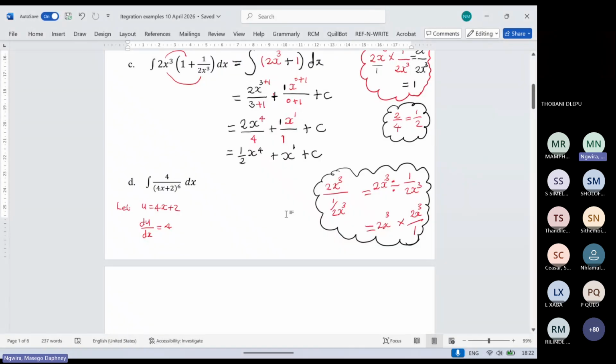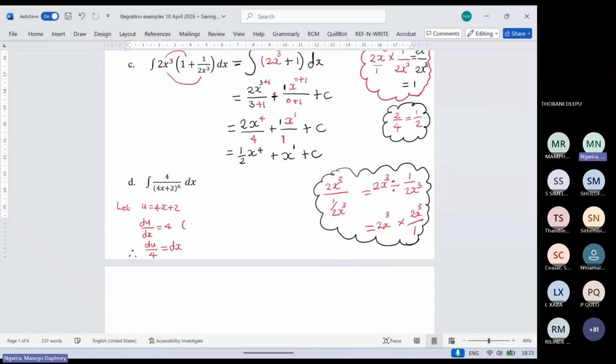You can continue. And then I'm going to try to make dx the subject of the formula. I think in the video you said we should swap. So it's going to be du over 4 equal to dx.